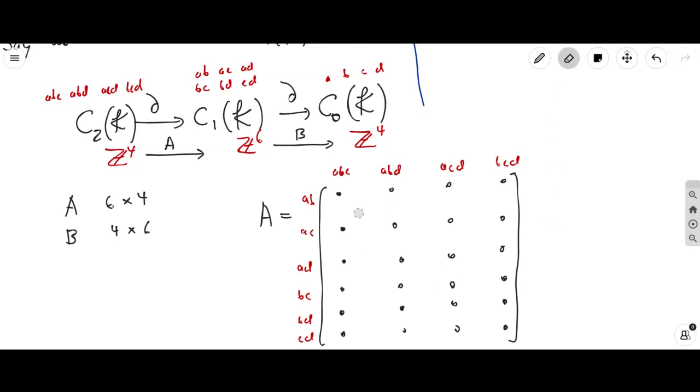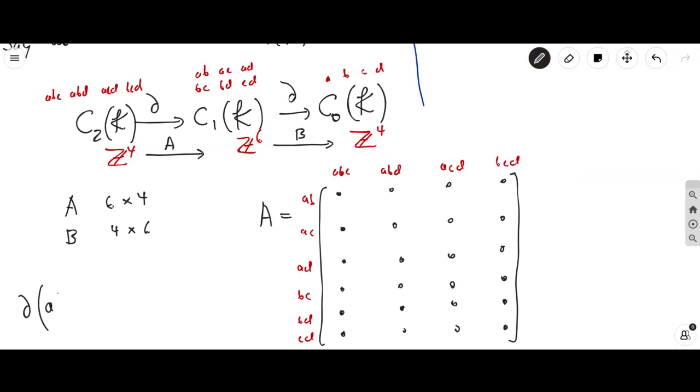To determine how this looks, this is your linear map. So you're going to be applying delta to each of these basis elements. You apply delta to the first basis element. Now, I'm going to do it for just one of them. So let's do it over here.